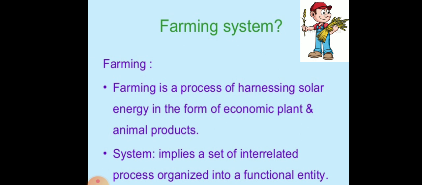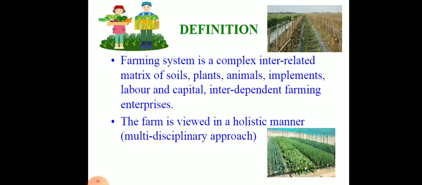In short, a farming system is a complex interrelated matrix of soil, plants, animals, implements, labor, and capital, and interdependent farming enterprises. So, ibig sabihin, it is the integration of all aspects, all resources, all materials, all capital needed to form a systematized farming. Okay, a systematic or well-planned farming.